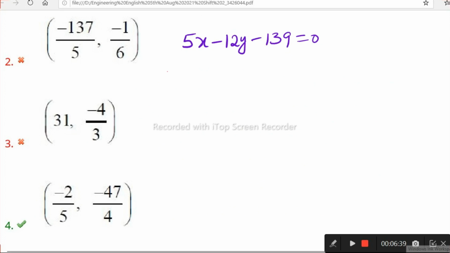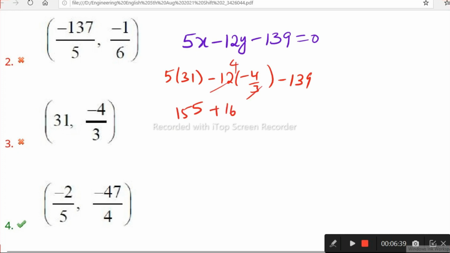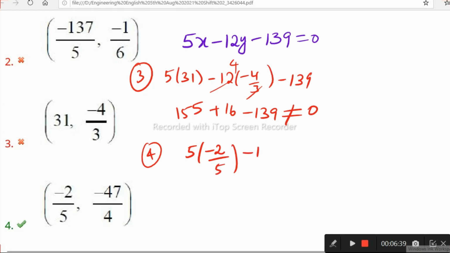Third option: put x equal to 31, so 5 into 31 minus 12 into minus 4/3 minus 139, let us check whether it becomes 0. 5 times 31 is 155, plus 16, and 155 plus 16 minus 139 is not equal to 0. Now the fourth option: 5 into minus 2/5 minus 12 into minus 47/4 minus 139.